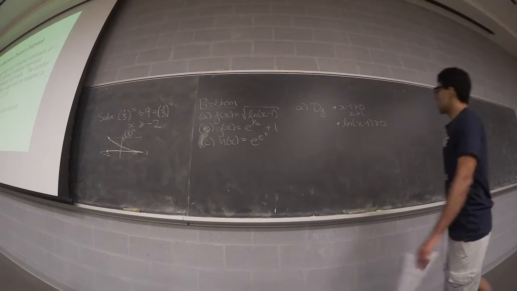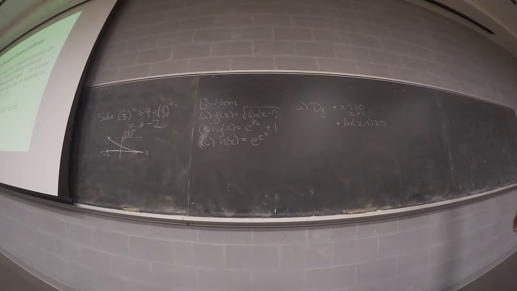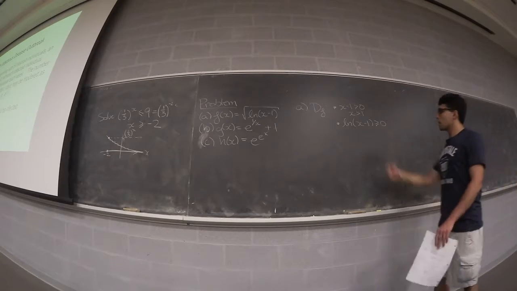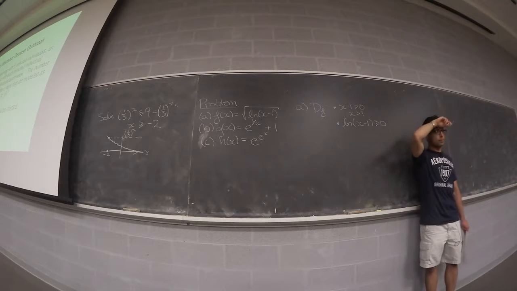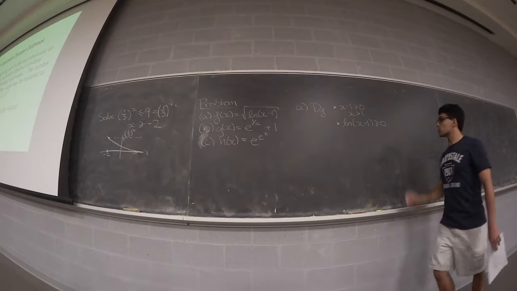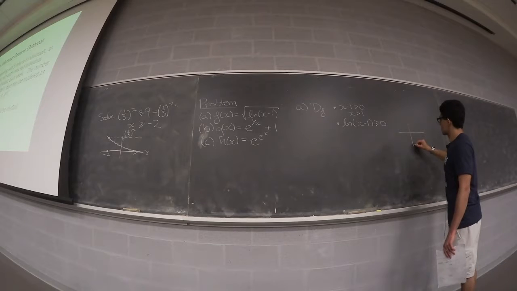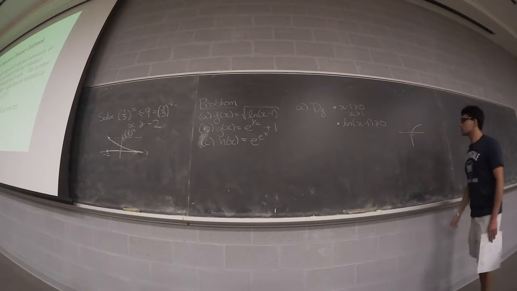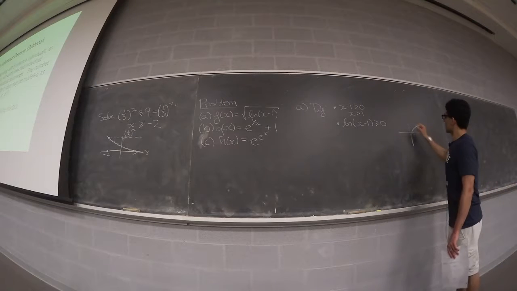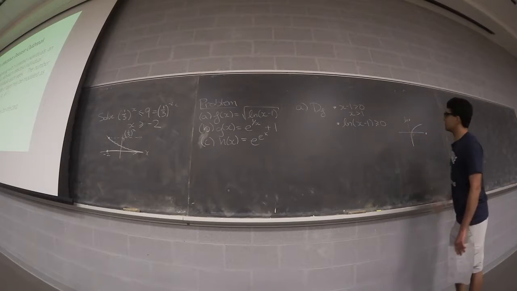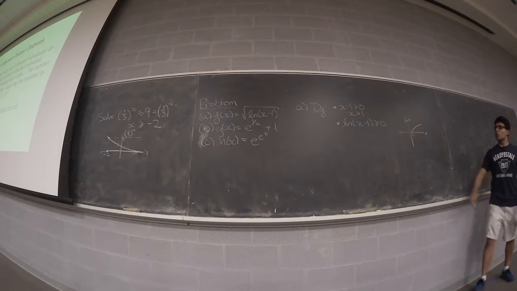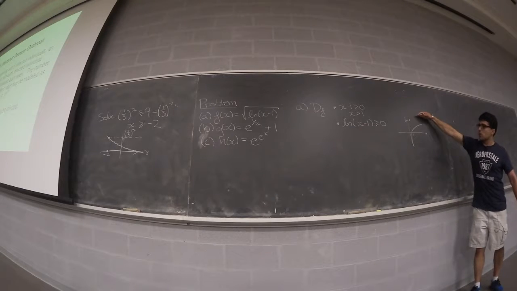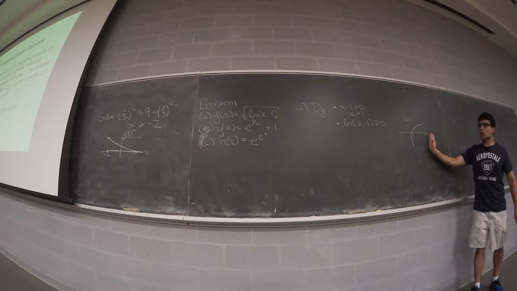How do you get this? Or in other words, ln looks like this. Thing, ln of thing. Okay, so for the ln to be greater than or equal to 0, the argument has to be greater than or equal to 1.